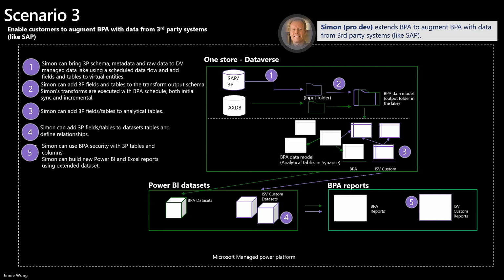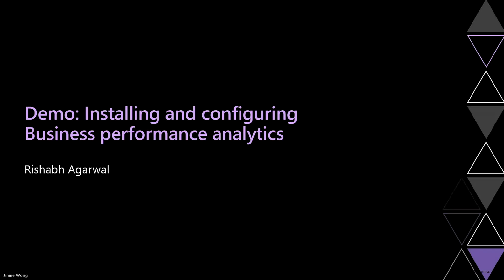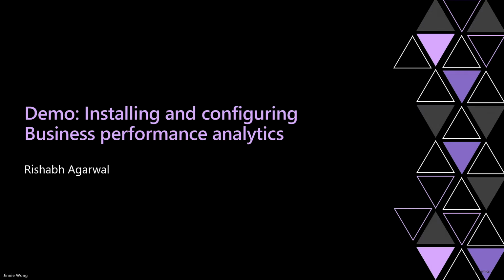Once this work is done, we take a look at action number 5, where we can go and design our custom reports in Power BI or Excel to have a report which is a mashup between finance and operations data plus third-party data. So it all starts with getting data into Dataverse, and here we can go and match up BPA data sets with your custom data. And that summarizes the extensibility story we have for BPA. And with that, Rishabh, back to you.